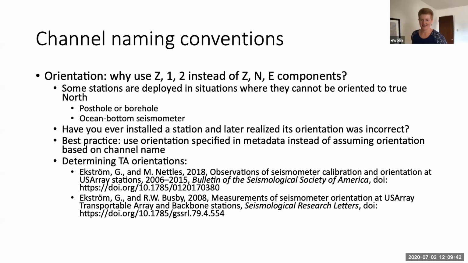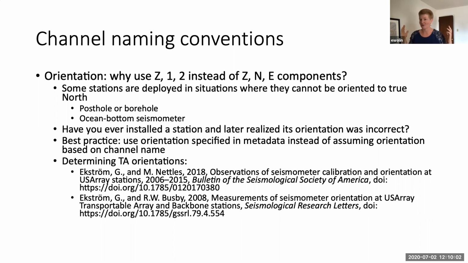Oh yeah, and as Suzanne just mentioned in chat, it can be very easy to make mistakes in the field. So STS2s, their orientation rod actually goes on the east side of the sensor. So you might have a sensor that is off by 90 degrees if someone tried to orient that to north.